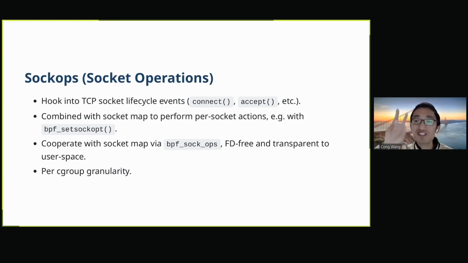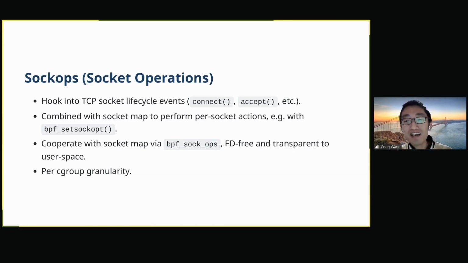However, it is also accepted by the socket map helpers. So when we insert the socket from the socket ops to the socket map, we could use this data structure. And because of that data structure, we would no longer need a file descriptor anymore, and that also means it is completely transparent to the application.